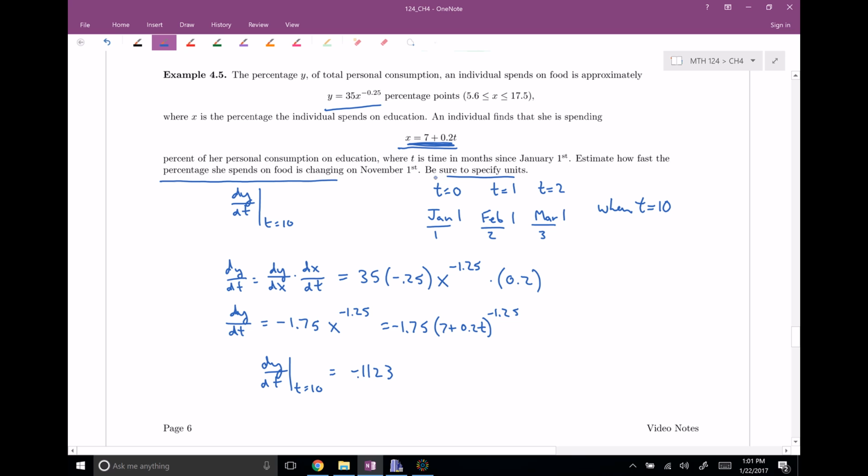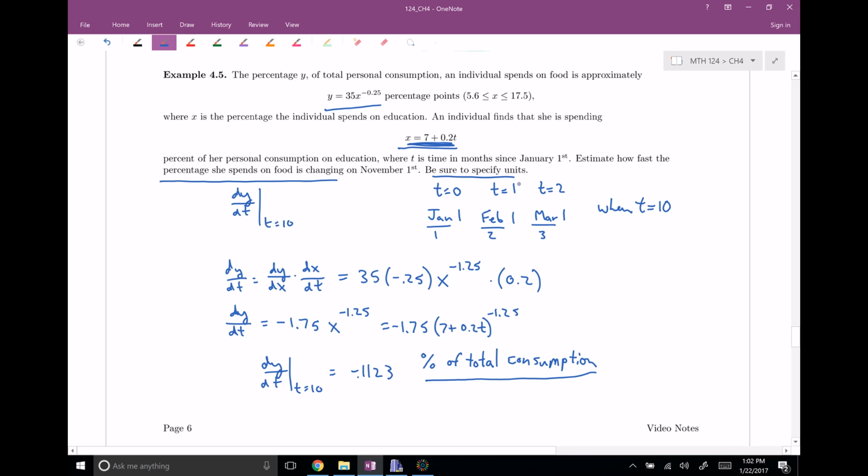Notice right here it says be sure to specify units, right? So the units of y, this is the percentage of total consumption. So this is going to be percentage of total consumption divided by the units of t.